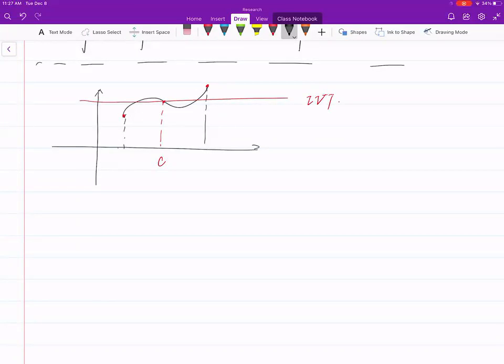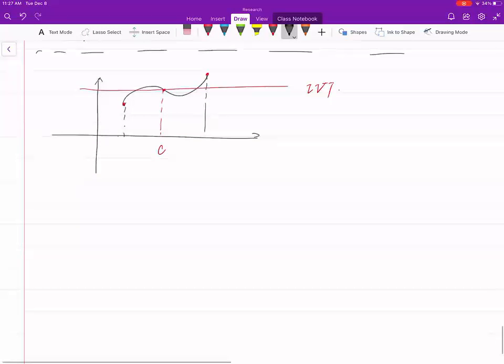Okay. Second, is this the first time you see mean value theorem? Not really. You have another case, right? So let's write both down. This is what we have here, the integral version.